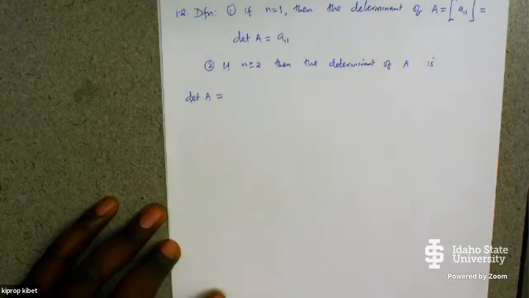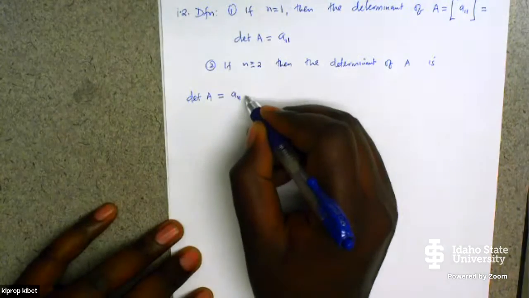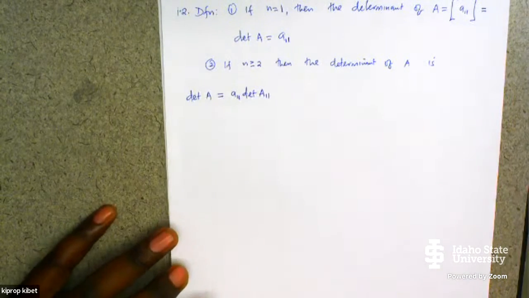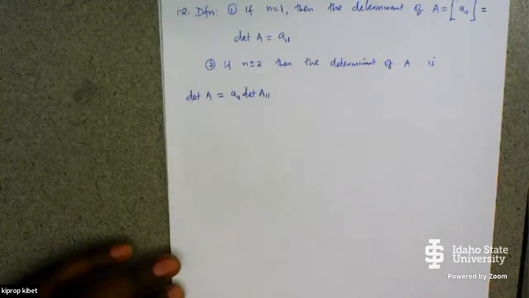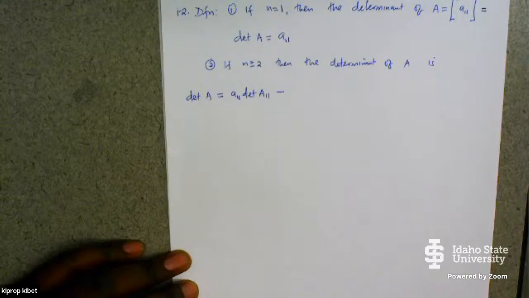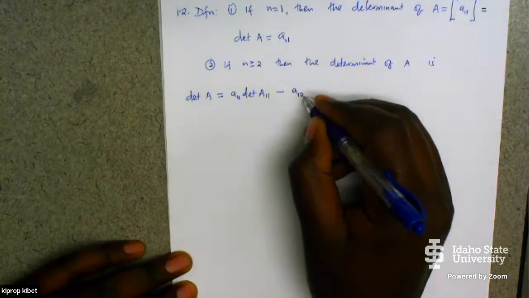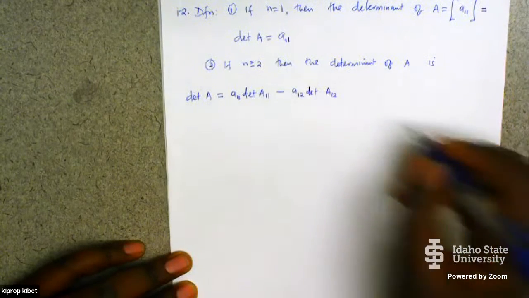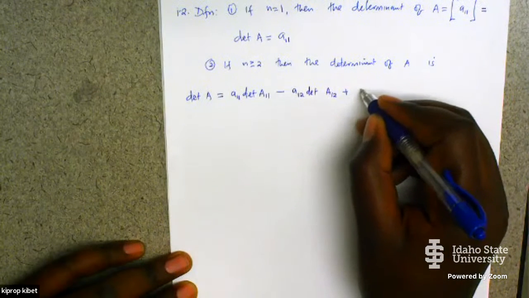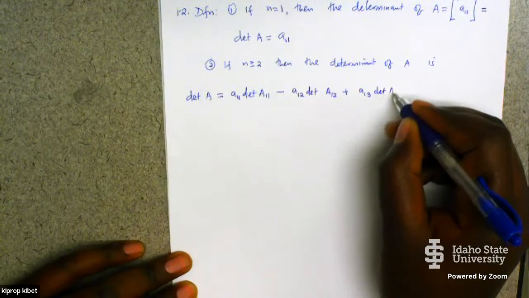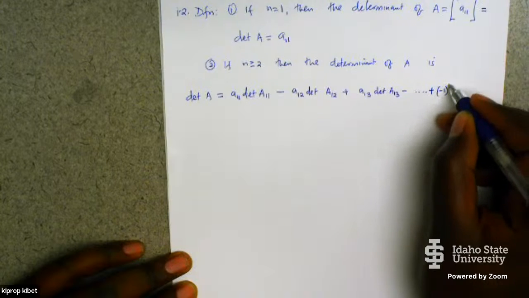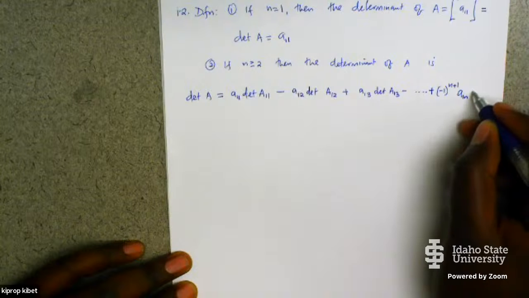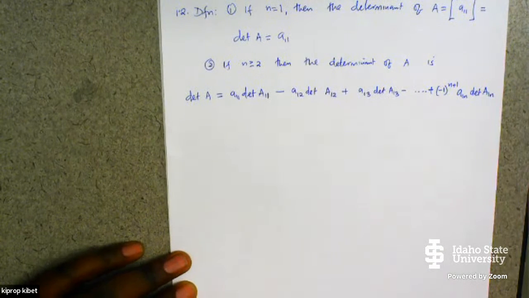The determinant of A is A11 multiplied by the determinant of the submatrix A11, minus A12 determinant of A12, plus A13 determinant of A13, and you continue like that, up to plus or minus (-1)^(n+1) A1n determinant of A1n.